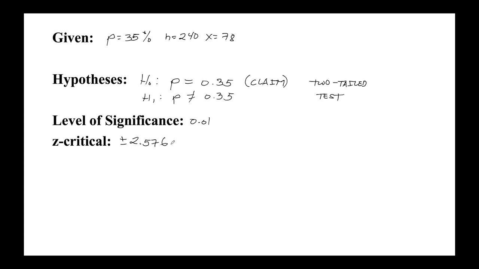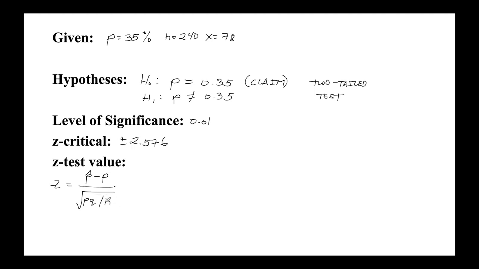2.576. Now, we should compute for the value of the z. And kung titignan natin, for the z test value, our formula there, as stated on the first part of this presentation, is z equals p hat minus p over square root of p and q divided by n.